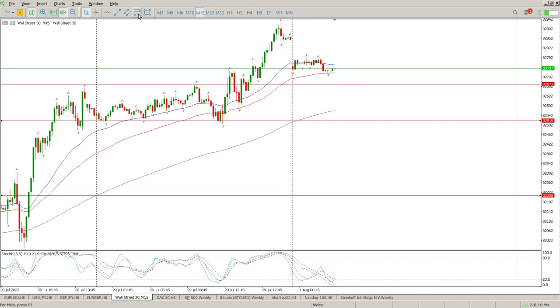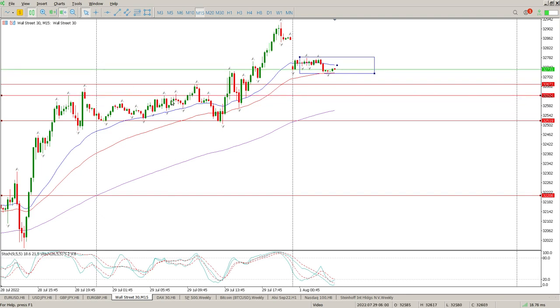One of the ways to be looking at this during the European Open, if you want to, is treat that as a range. So 32,783: start breaking above that, find support here on the 15-minute, then it'll be heading to the gap. If it starts breaking below this, then you're looking for a move into this zone that we have here.